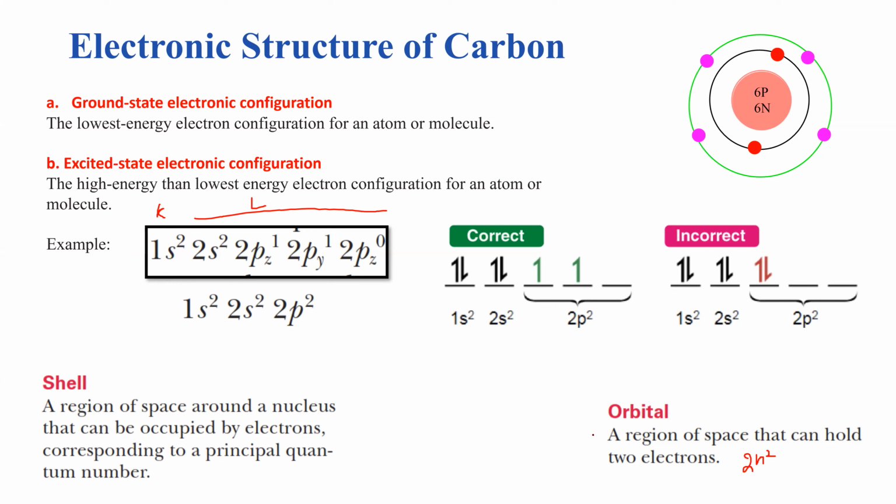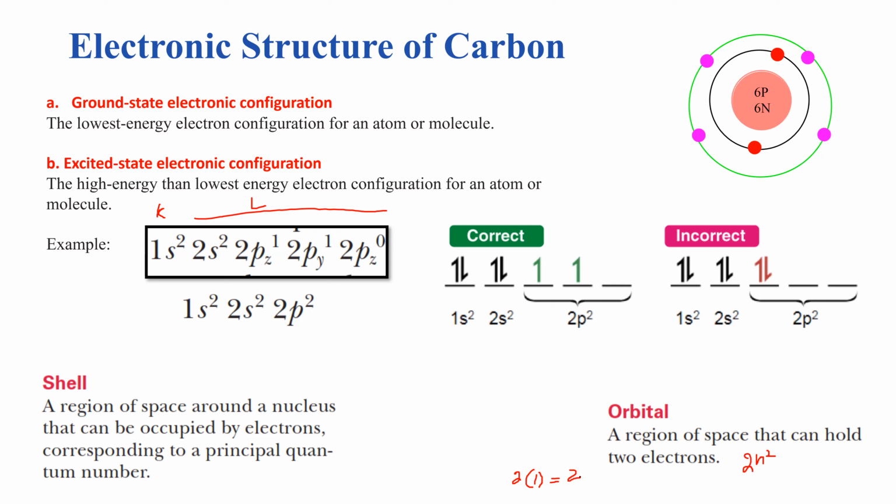So for K, the principal quantum number is 1. So it means there are 2 electrons, right? If we solve that, the value of n is 1, and taking the square of 1 and multiplying by 2, we get 2.